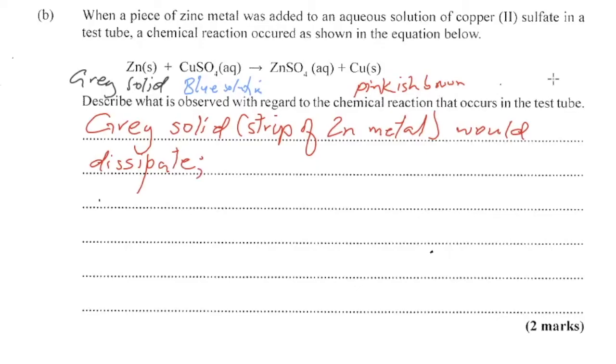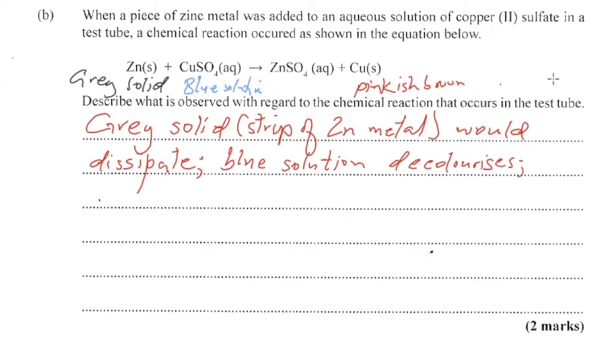Also, as the reaction progresses, the blue solution would actually decolorize as Cu2+ ions are being reduced to give us elemental copper. The Cu2+ ions in aqueous medium are what is responsible for the blue appearance of the solution. So as the copper ions become reduced, the blue solution decolorizes.